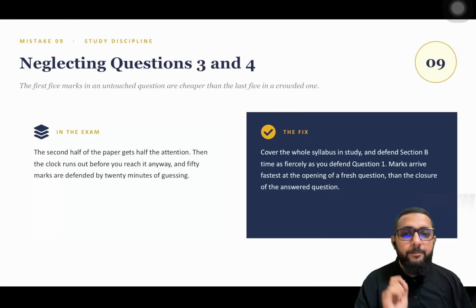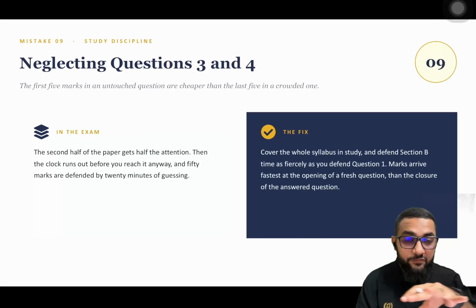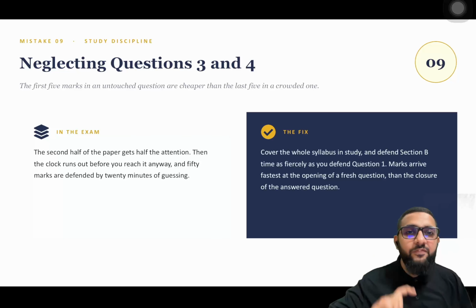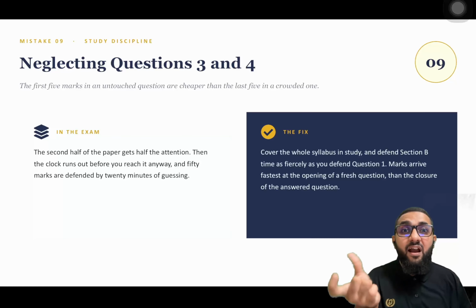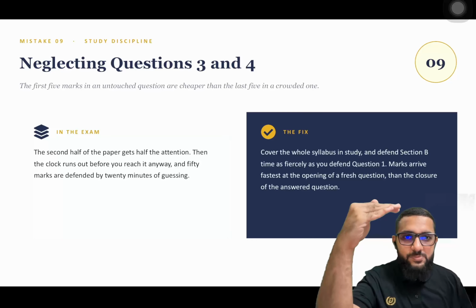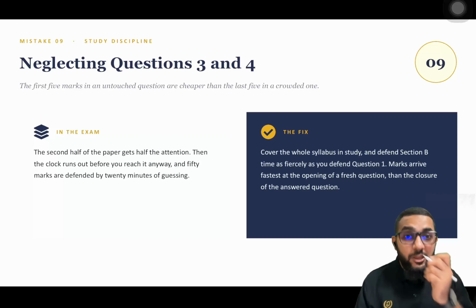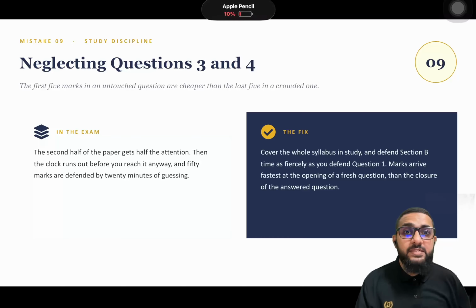What you need to remember is that the opening of a fresh question has the potential of gaining you more marks than the closure of an answered question, right? Let's say you have responded to question 1 in depth, and you go on writing even after time has ended.